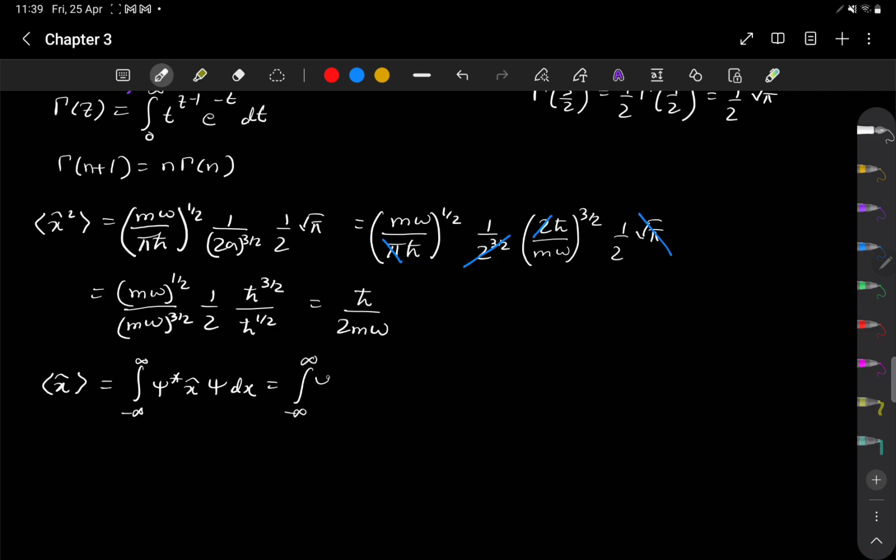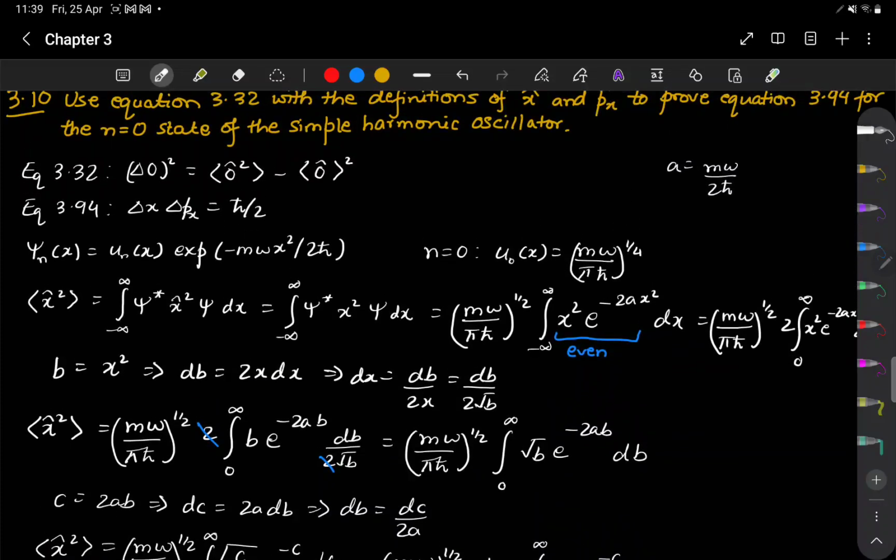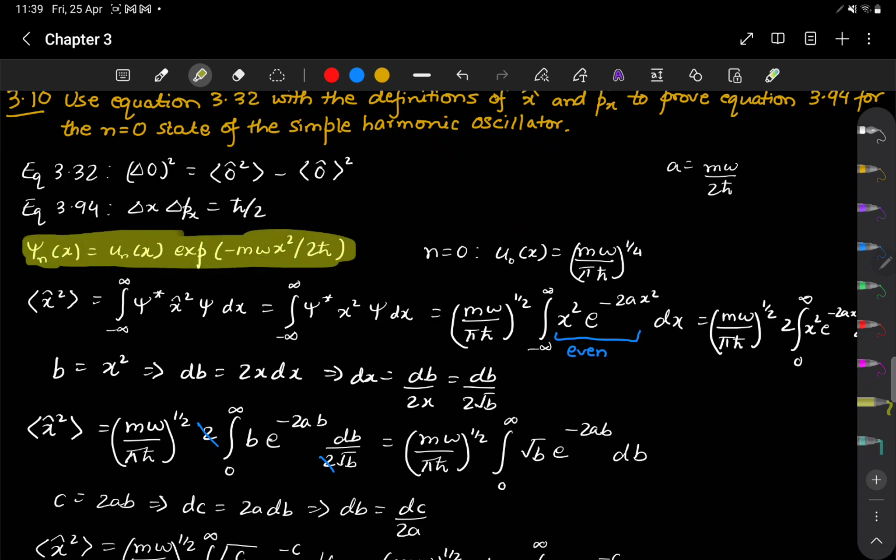The position operator gives just the value of the position x, and let us plug in the expression for the wave function that we have. This is our wave function, with this as the value of the constant.